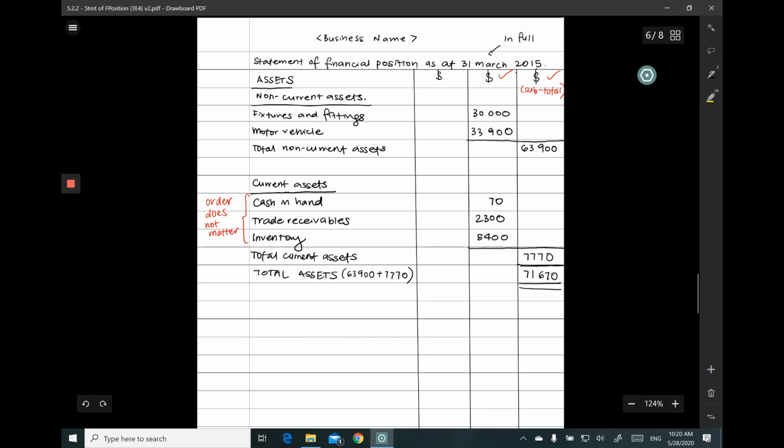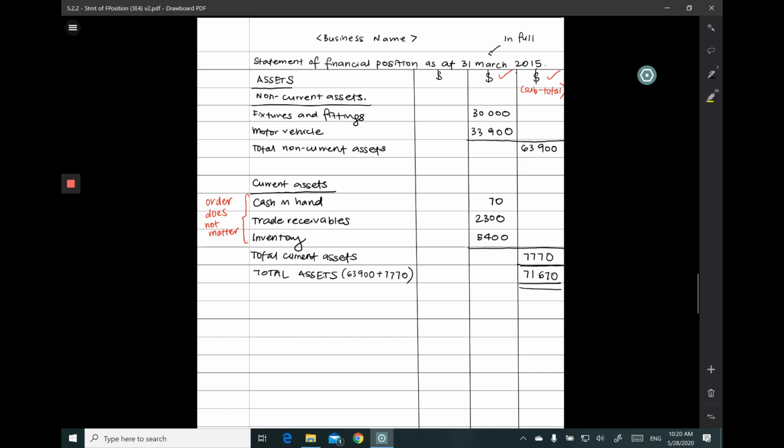In accounting practice, accountants would prepare the accounts based on the asset that is the least liquid to the most liquid. What does it mean?